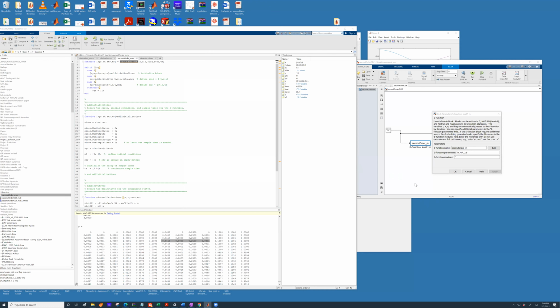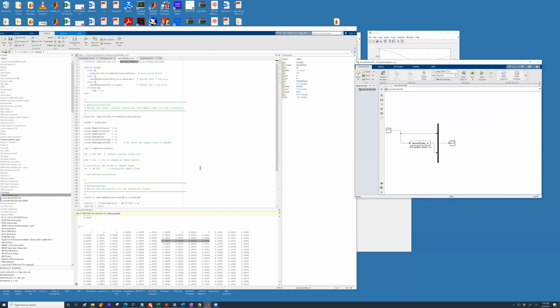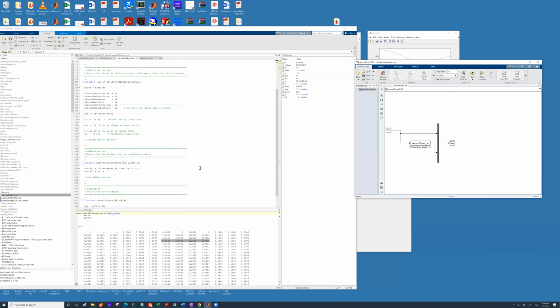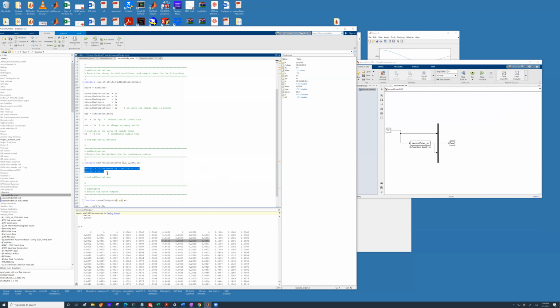What you have here is a simple spring mass damper system. Check this out: a spring mass damper system that we studied in a lot of detail in Robotics 1. I converted that spring mass damper system into a first order equation system.